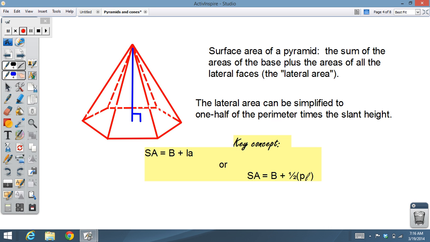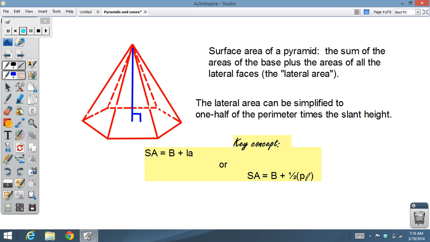Now, the surface area of a pyramid is going to be the sum of the area of the base, whatever the area of the hexagon is there, plus the area of all of the sides, the lateral area. So base plus lateral area gives us the surface area of the entire thing. Now, what's cool is the lateral area.